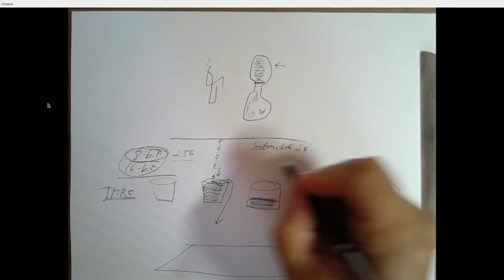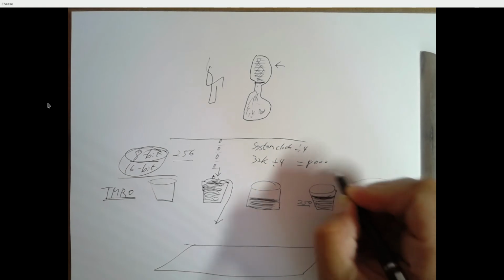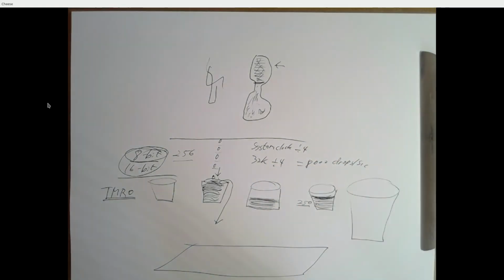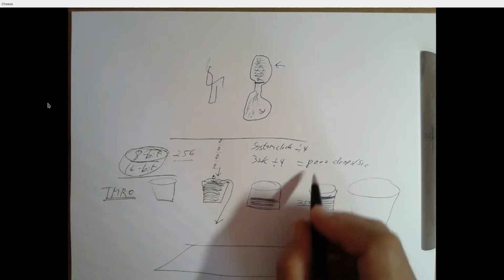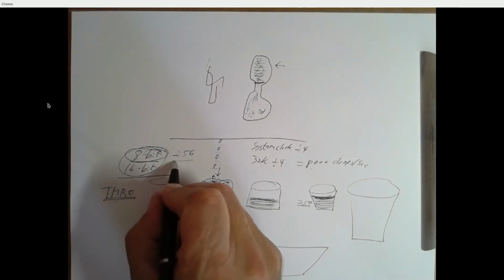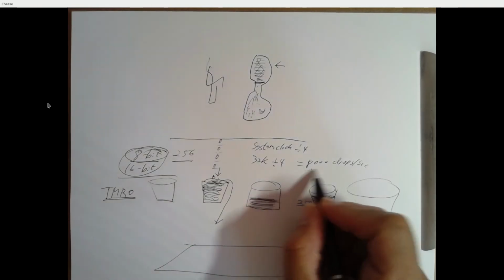Now if our system clock is 32K divided by 4, this is 8,000 drops per second. 8,000 instructions per second. This is our instruction clock. So we can think of this bucket as getting 8,000 drops of water in it per second. If it's set to overflow after 256 drops, it's going to overflow in much less than a second.